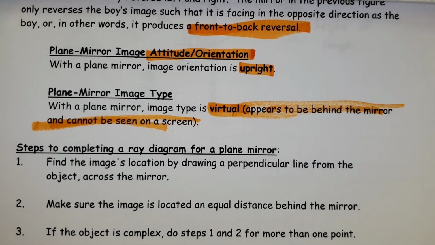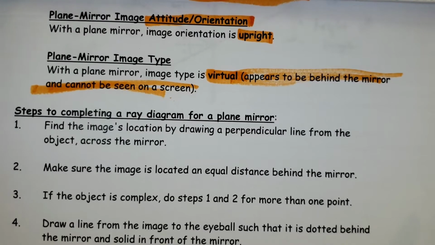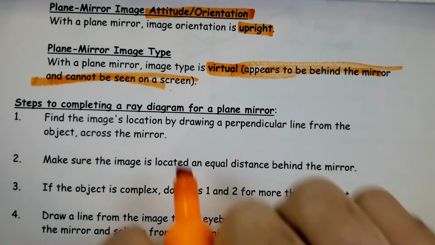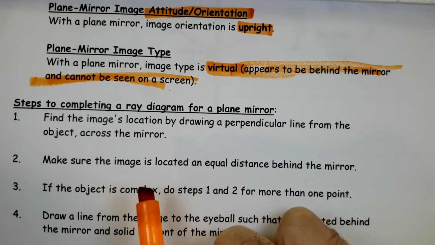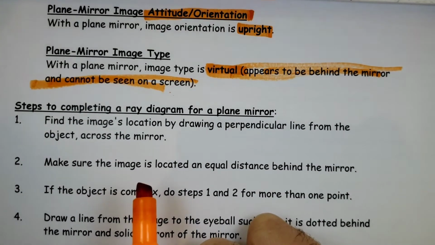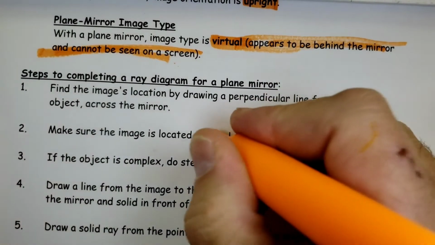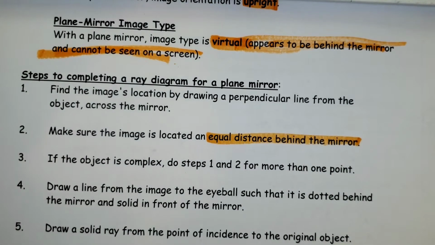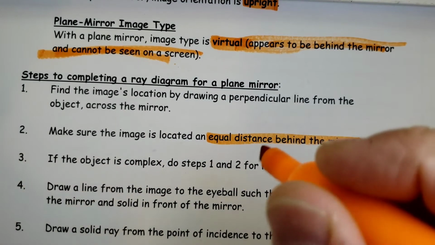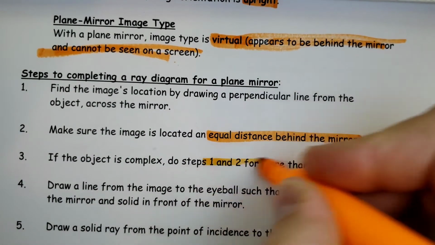So we'll be looking at completing some of these ray diagrams. There's a couple of steps which will make it easy. Find the image location by drawing a perpendicular line from the object across the mirror. Make sure the image is located an equal distance behind the mirror as the object. If the object is complex, we can do that for more than one point.